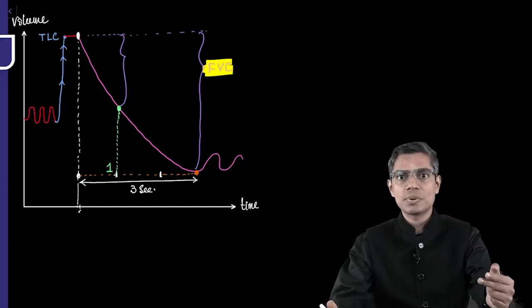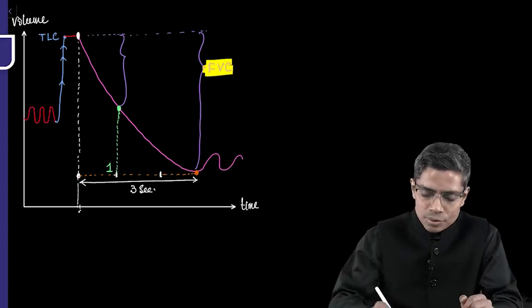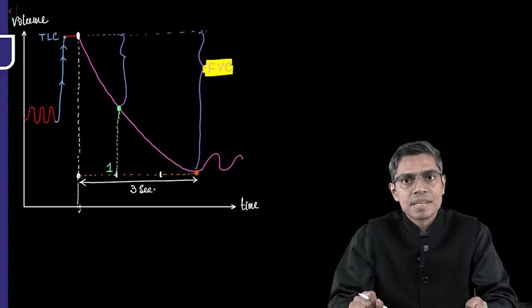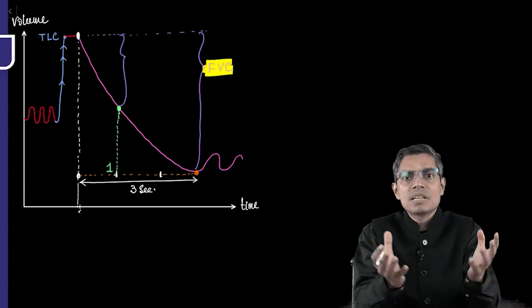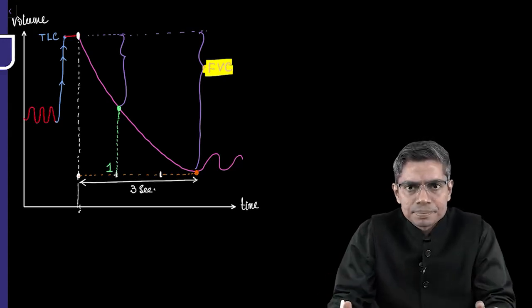So as forcefully as possible, as rapidly as possible. That's why this is known as forced vital capacity. Now, forced vital capacity is a particular volume, maybe 4 liters, maybe 5 liters, depending on the subject.